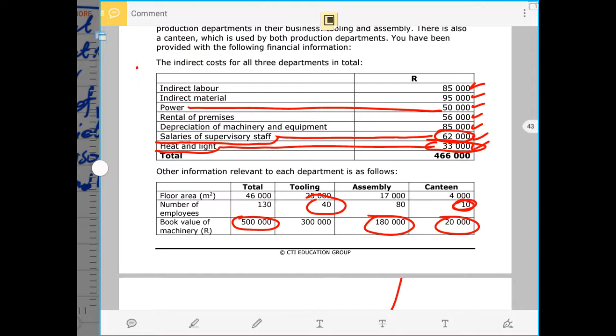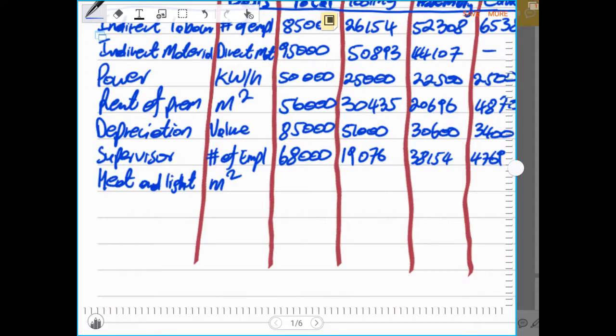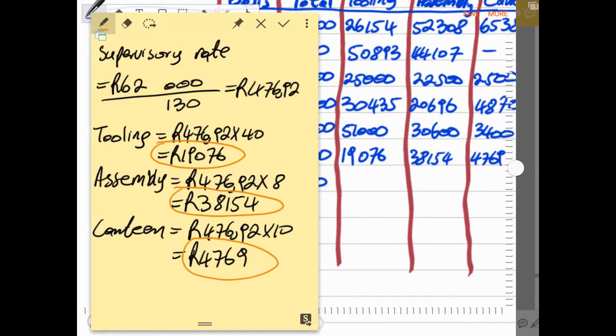Then in the absence of the floor space, which is in meter square, you can use the kilowatts to allocate heat and light, because at the end it consumes electricity, which is driven by the kilowatts. However, now we'll be using the floor space to allocate the 33,000 to our departments.